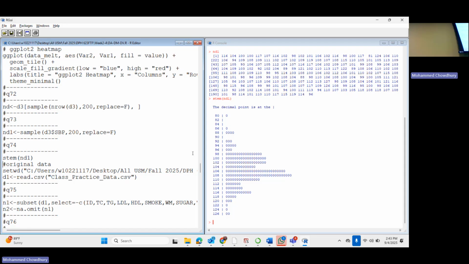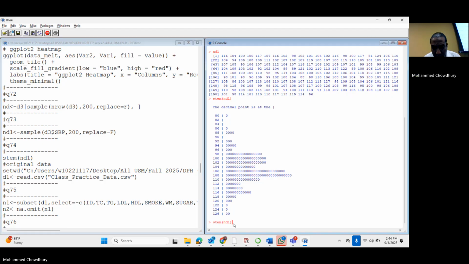How many times 100, 101, 102? This is coming. They have put it like this. So this is the way stem leaf diagrams are constructed. For example, 80 is appearing once, 82, 84 is not appearing at all.